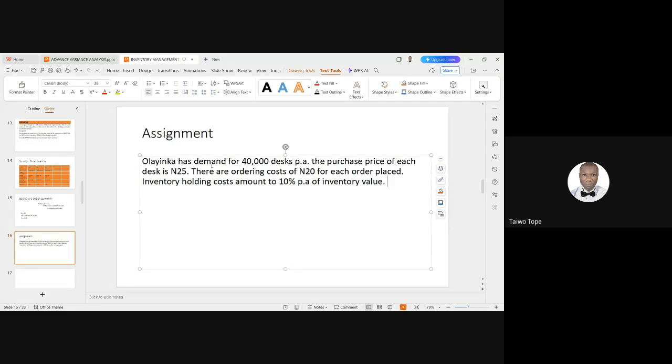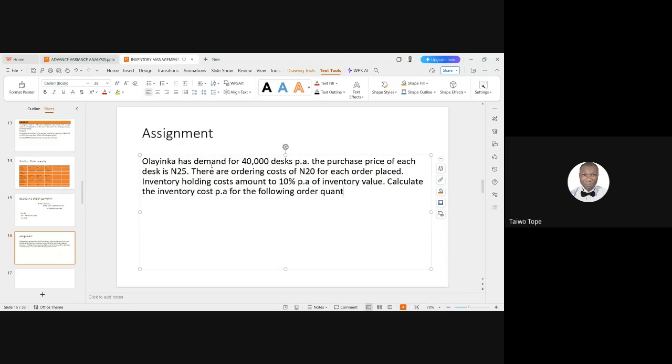Calculate the inventory costs per annum for the following other quantities.